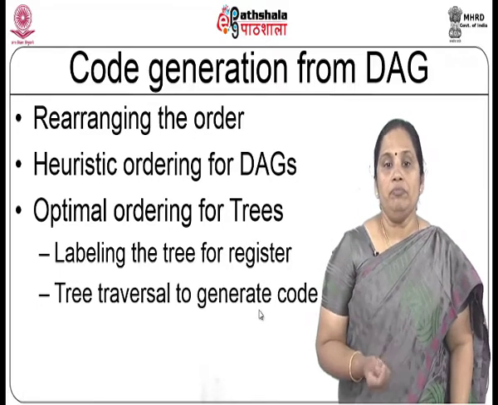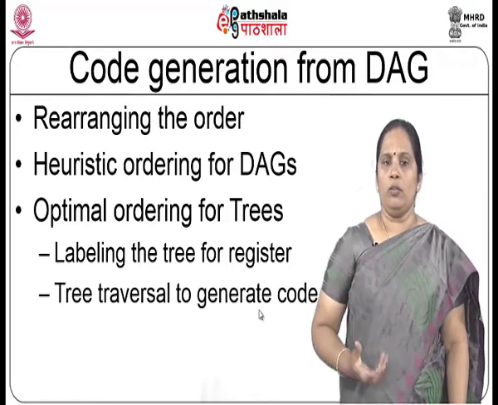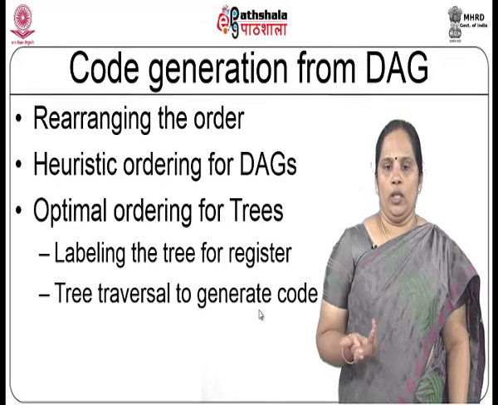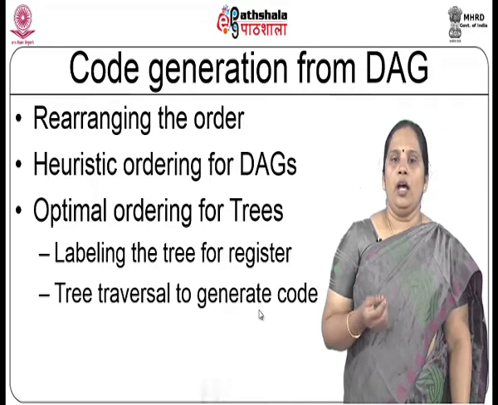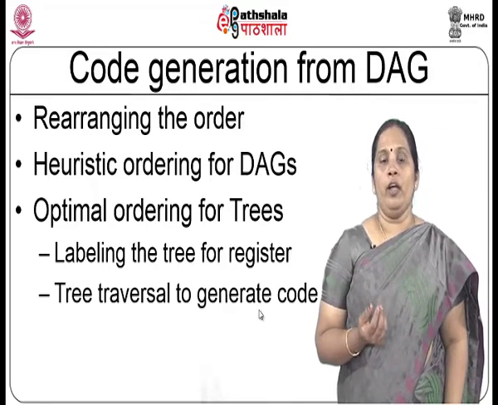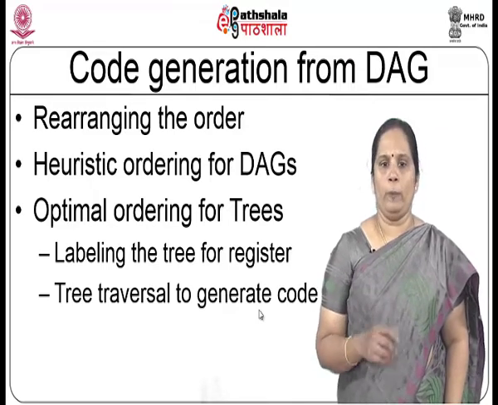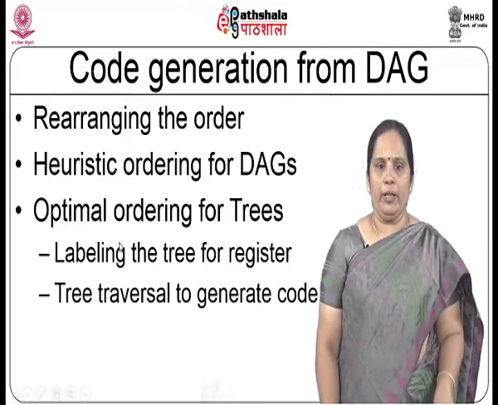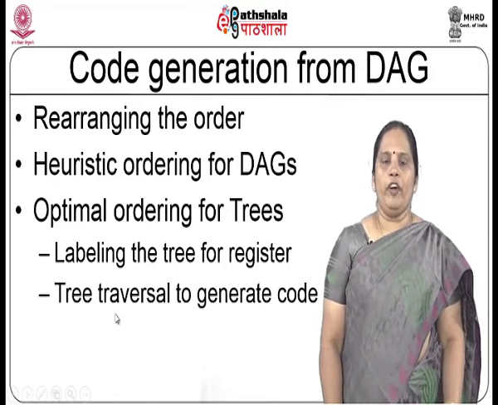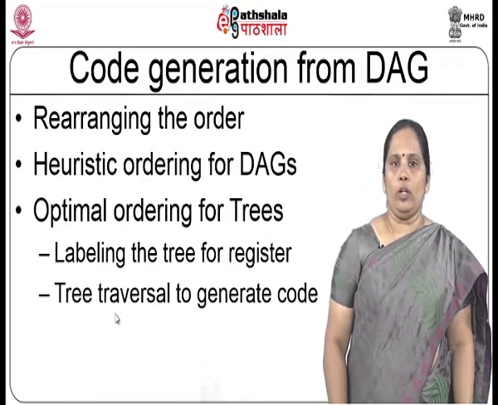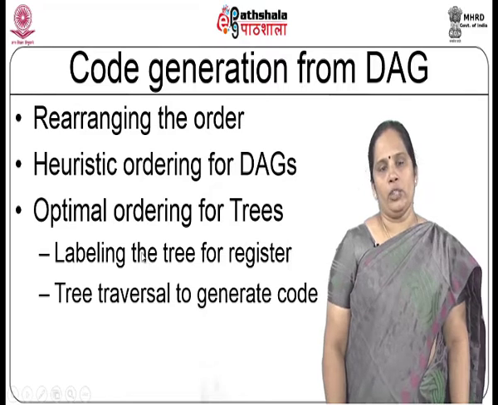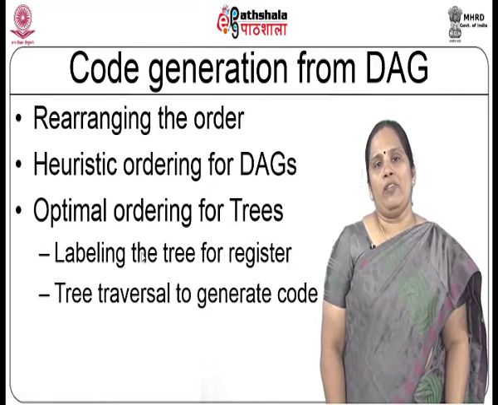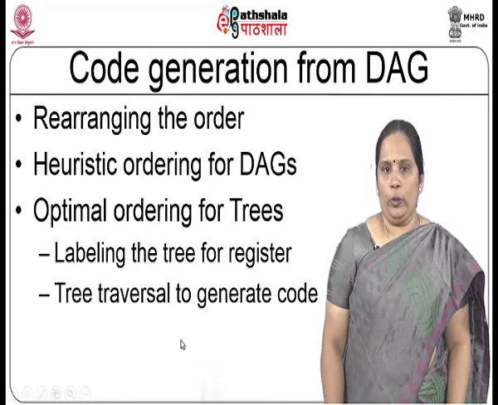It's a binary tree. So that is also looked upon to optimally reorder, and we will also label the trees with the number of registers required for computing an interior node. After doing these three preliminary steps, you perform a traversal of the tree to generate code, and this code generation is based upon the labeled tree. So it depends upon what label you have assigned to a particular interior node.